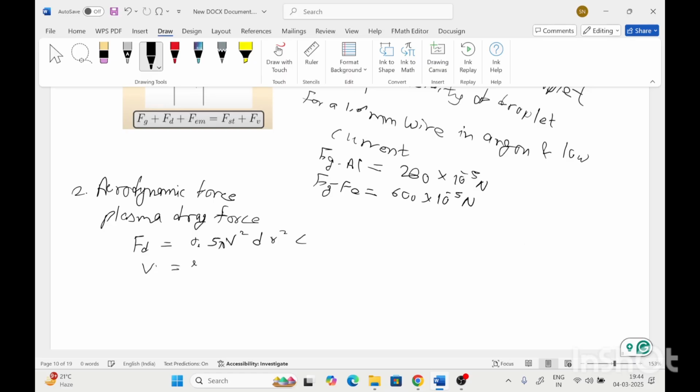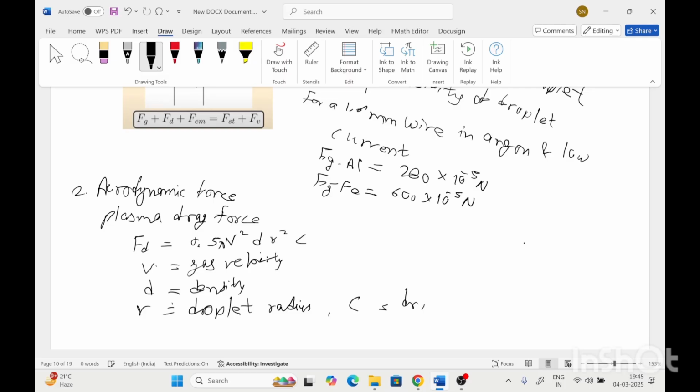So v is the gas velocity, d is density, r is the droplet radius, and c is the drag coefficient.